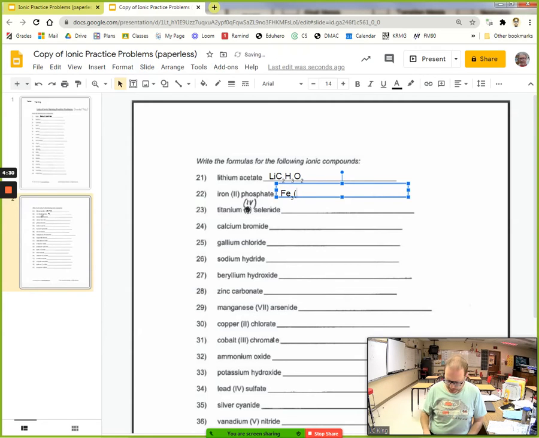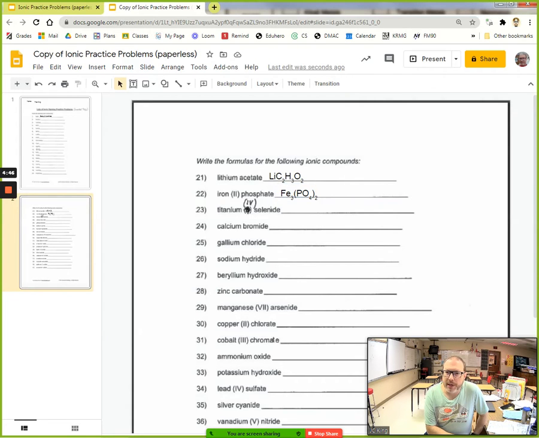That way I can put in my parentheses for the PO, Control comma 4, Control comma, parentheses, Control comma 2. That seems like an awful lot of steps to go through, but if you are picky about getting it right, that's how you can do it.